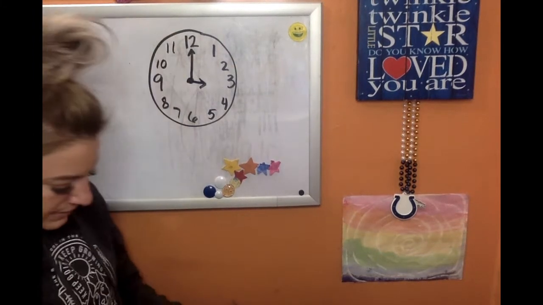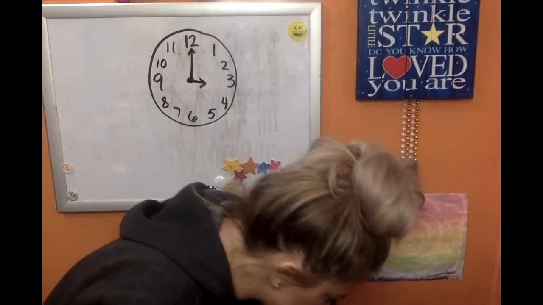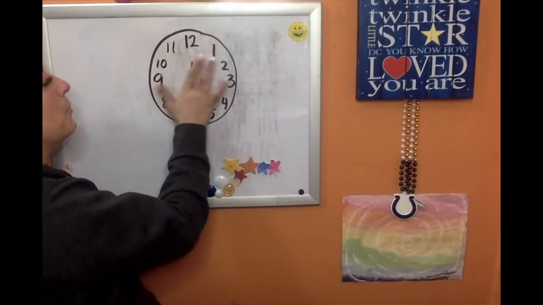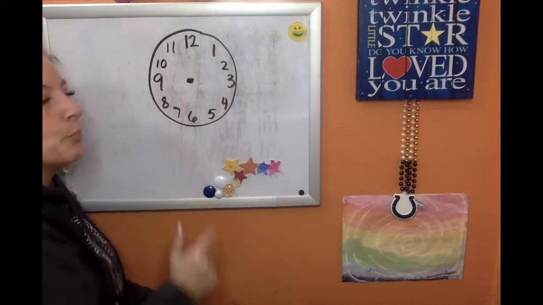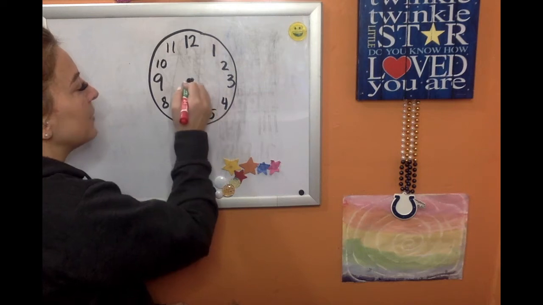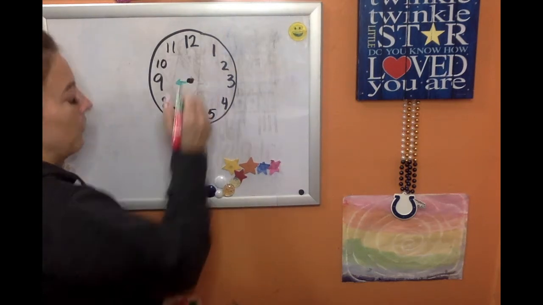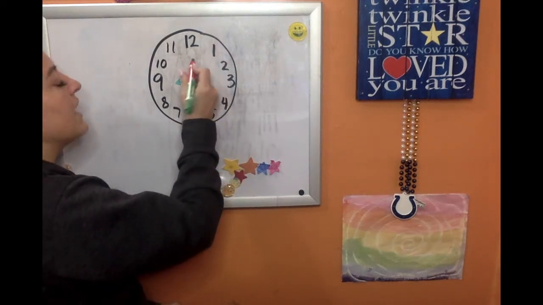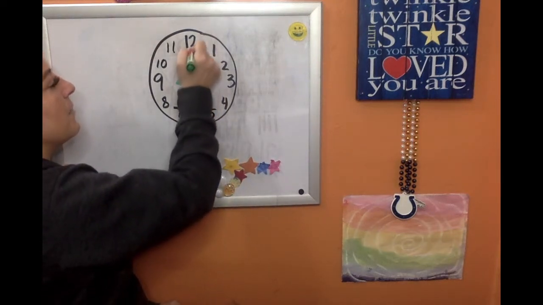You know what? What if I do it this way? I'm going to put them in colors so that you can see the difference. Okay? Here we go. I'm going to do it this way. Oh, I just about did it the same color. I want you to tell me which hand is the minute hand.